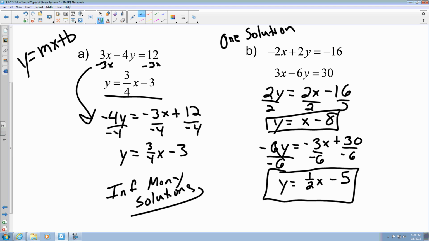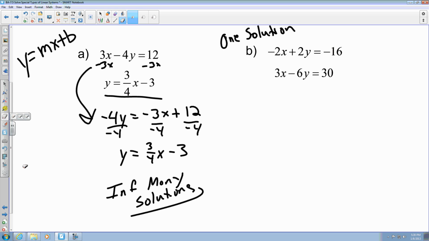Okay? So since it has one solution, let's find what those values of x and y are. I'm going to erase what I had here, and I'm going to use the elimination method to help me solve for x and y.